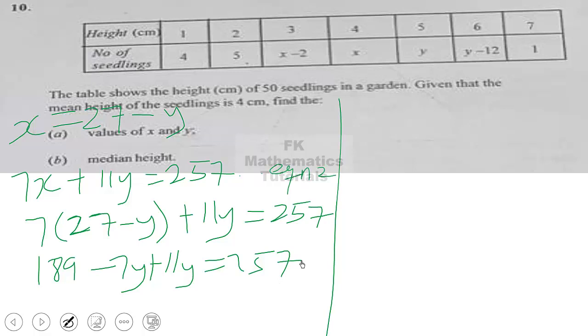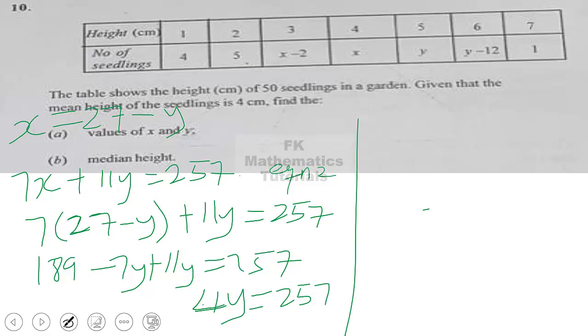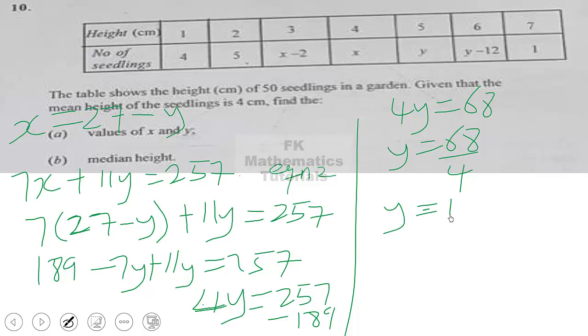Now 11y minus 7y, so we have 4y is equal to 257 minus 189. So 4y is equal to 68. So y will be equal to 68 over 4, and that will be equal to 17. Y is equal to 17. Therefore, x will be equal to 27 minus 17, which is 10.